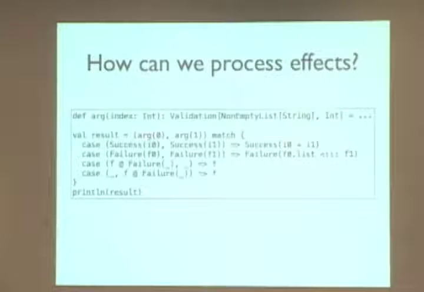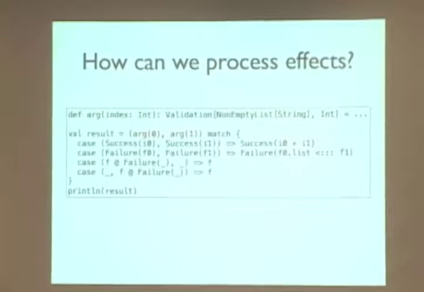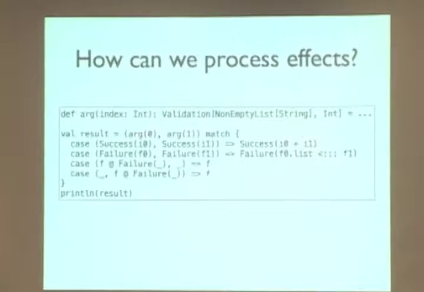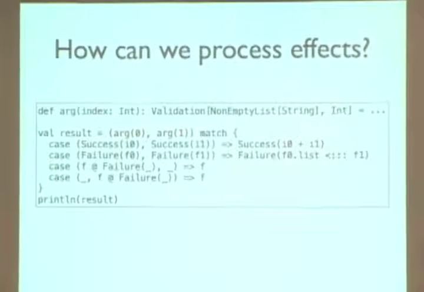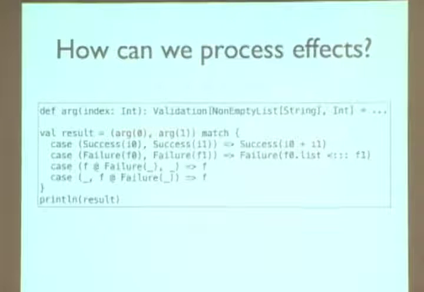So how can we process effects? We have now encapsulated those effects into this validation type, but handling all the different results is really clumsy. And as you can see here, it's only for 2 different effectful computations.